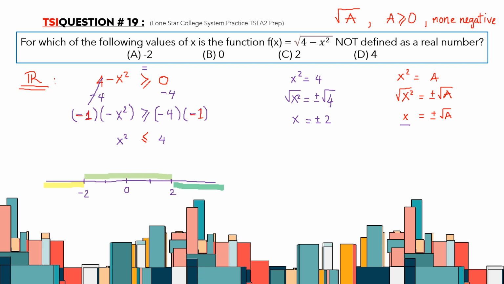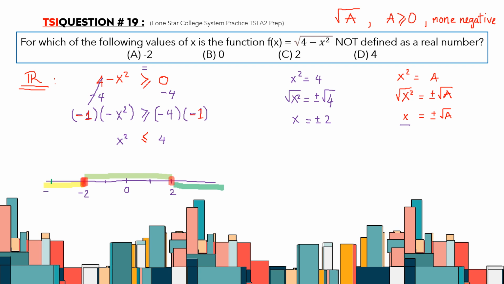So we choose the red points, which are closed points, so they are included. Now let's choose one testing point to see if x squared is less than 4 there.